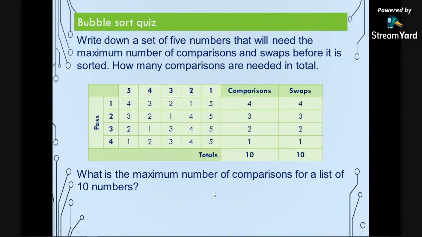And then what's the maximum number of comparisons for a list of 10 numbers? It doesn't quite double. It'll be 9, then 8, then 7, then 6, then 5, then 4, then 3, then 2, then 1.